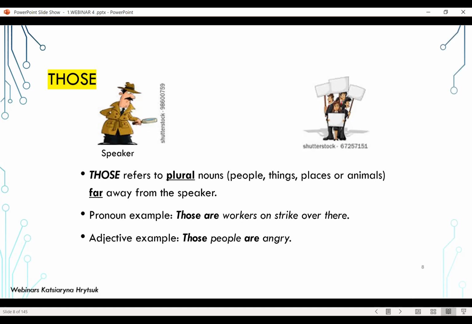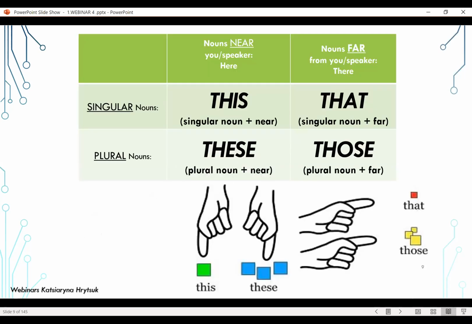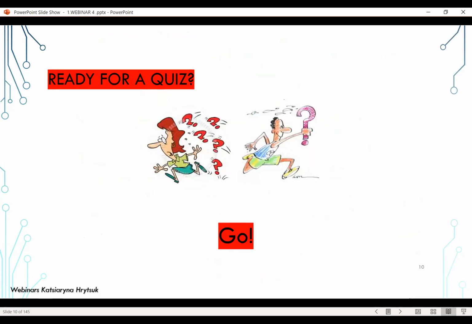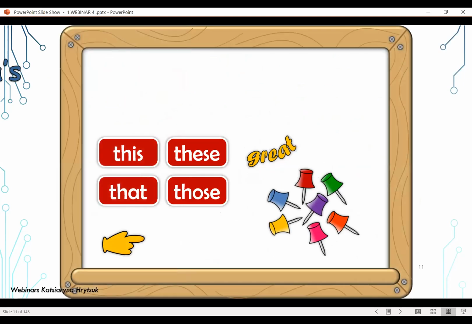Those people, not for Belarus, those people are angry. So those is separated from the noun, people, so it's the adjective example. Here's some more. For some students, it's easier to remember when you have the table, and this table is just a summary of the information below. Let's do some quiz here.